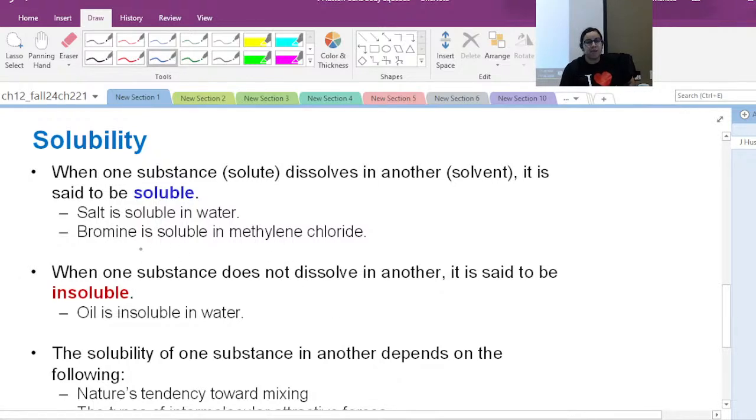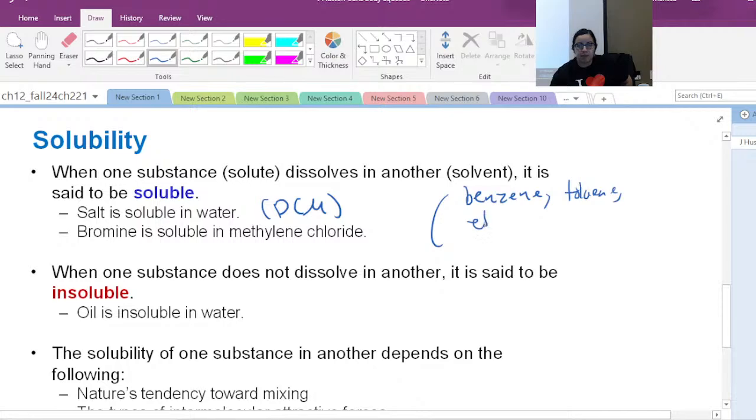I've kind of mentioned that. Bromine, for instance, is soluble in methylene chloride, also known as DCM, dichloromethane. And other organic solvents, and this is not comprehensive: benzene, toluene, ether, those are pretty common.